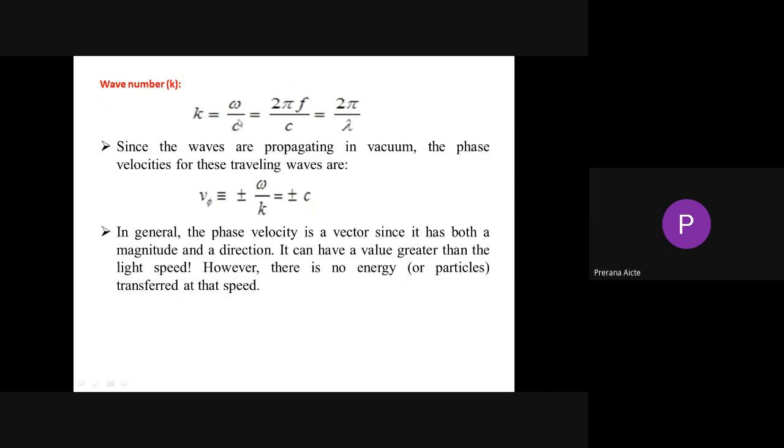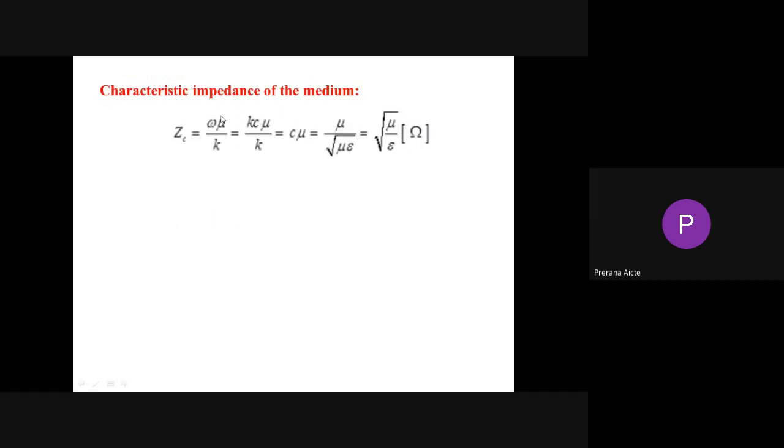Substituting, k cancels, so it becomes c into mu. So mu into c equals mu by square root of mu naught into epsilon naught, which we already know. Writing mu as square root of mu into square root of mu, one square root cancels, and it becomes square root of mu by epsilon.